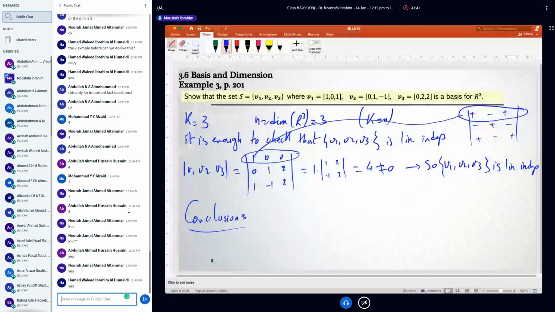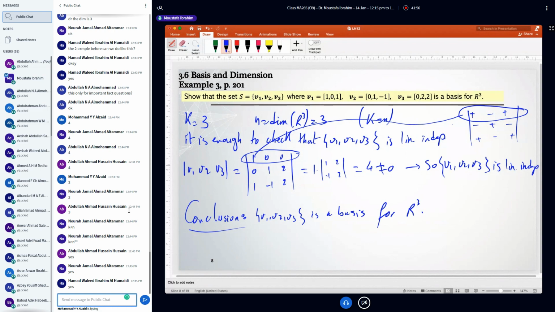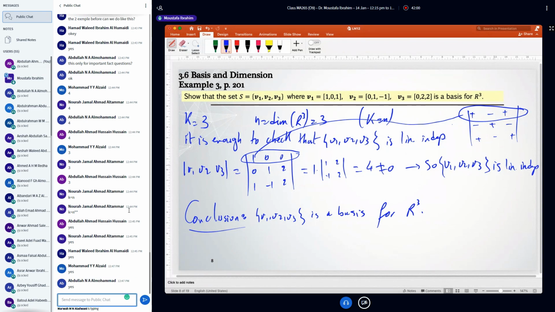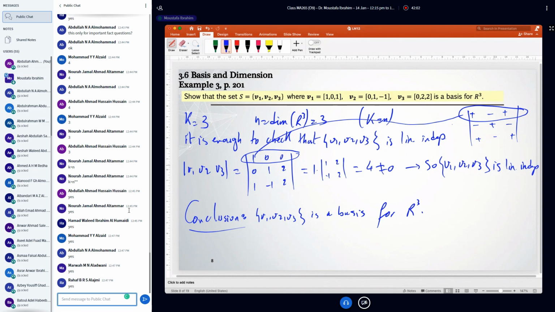So the conclusion, V1, V2, V3 is a basis for R3. Understood, guys? You understand the important fact, guys? Very good.